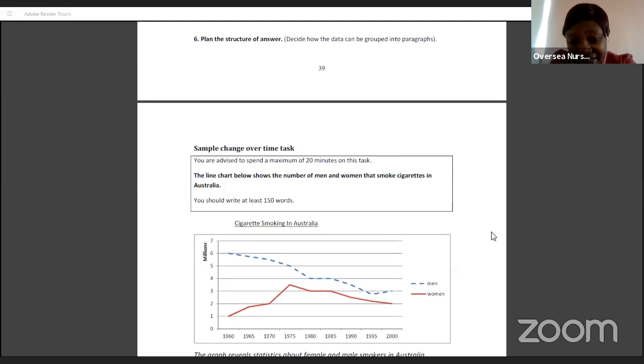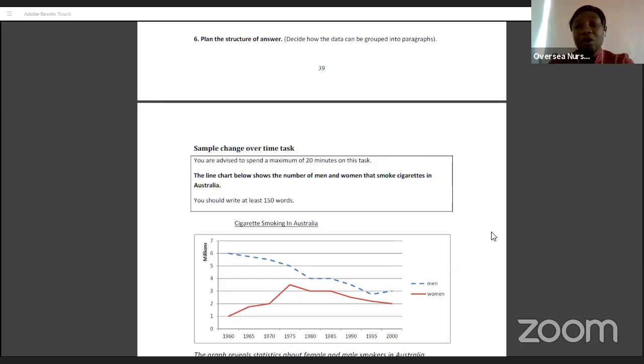Then it decreased dramatically and steadied again over the years from 1980 until 1985, where it reduced slowly but steadily until it attained 2 million again in the year 2000. I've finished the explanation.